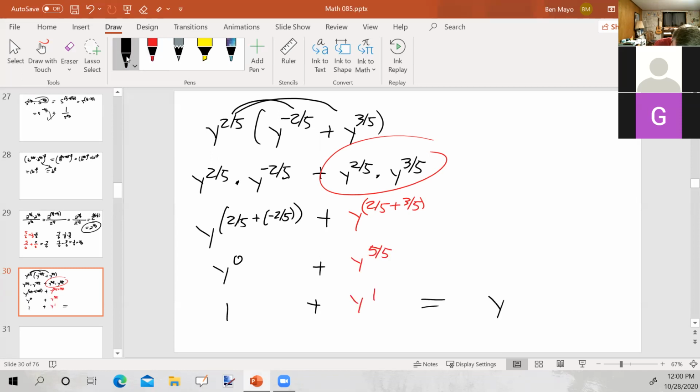So we end up with just 1 plus y. So we're just getting used to those rules again, but using fractional exponents. Okay.